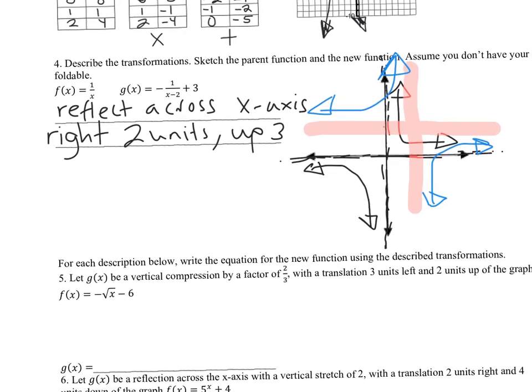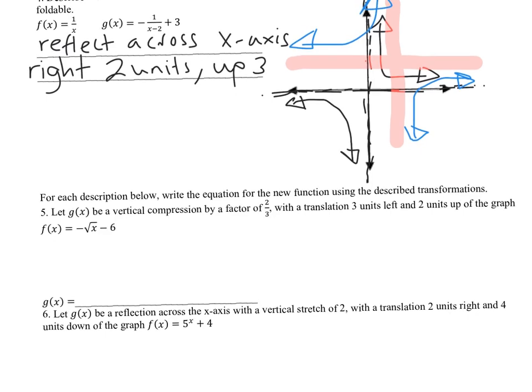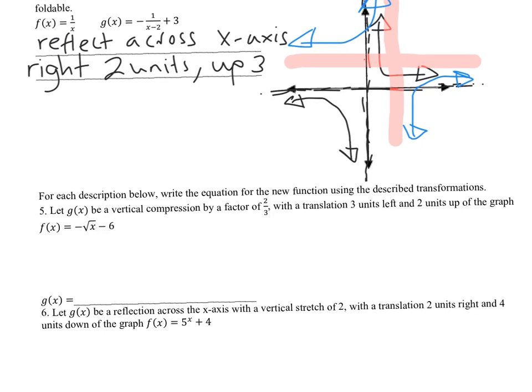Now let's take a look at number 5. It says, for each description below, write the equation for the new function using the described transformations. Let g of x be a vertical compression by a factor of 2/3 with a translation 3 units left and 2 units up from the graph. So remember, we apply the multiplication first.